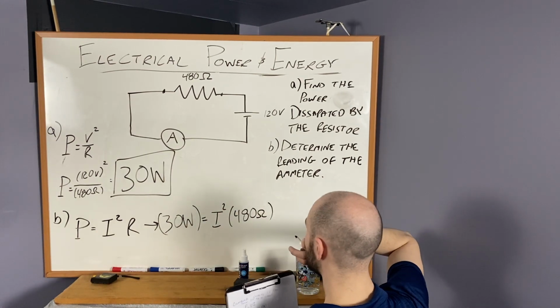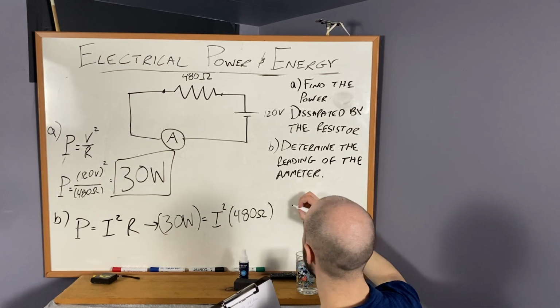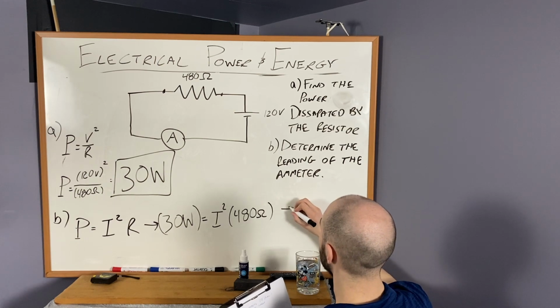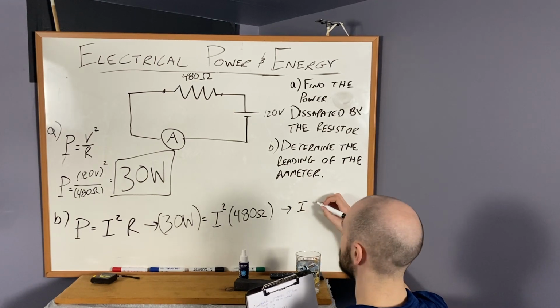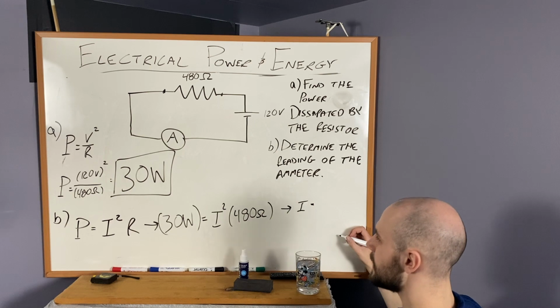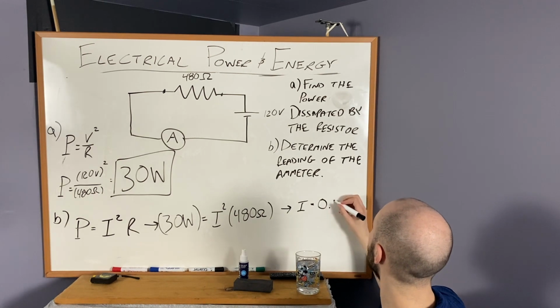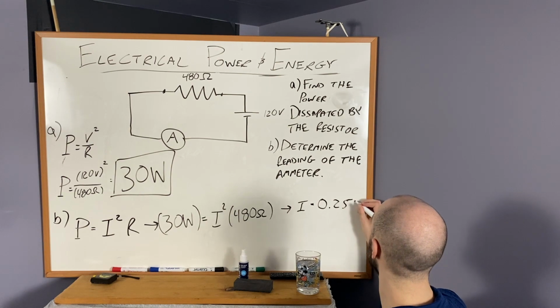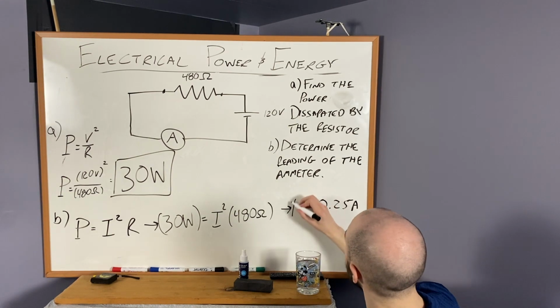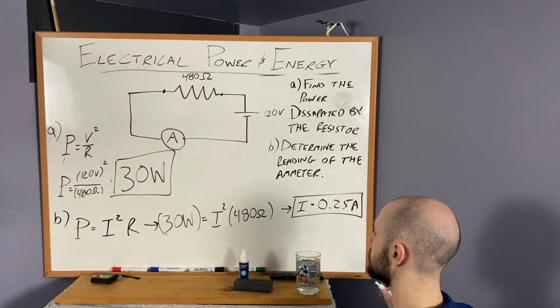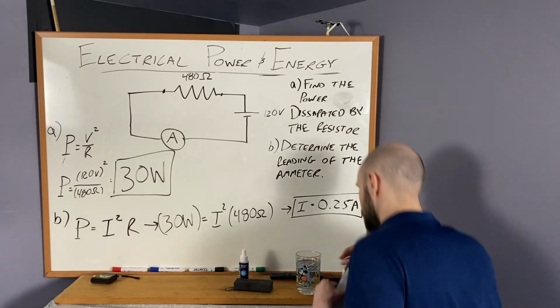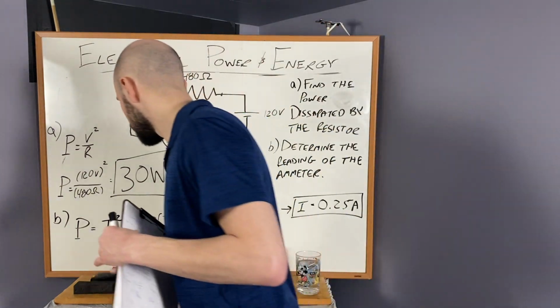We could work that out to figure out that I is equal to, work it out, 30 divided by 480, take the square root, is equal to 0.25 amps. A quarter of an amp. There we go. Let me move all this stuff here.